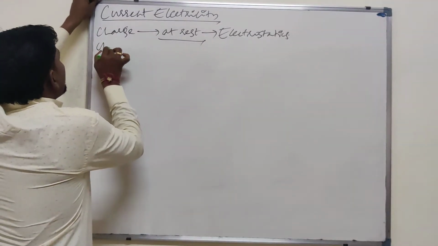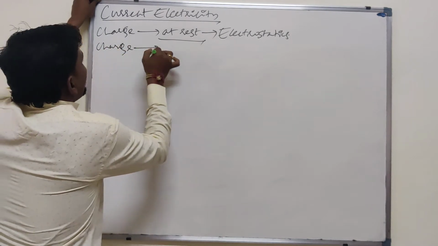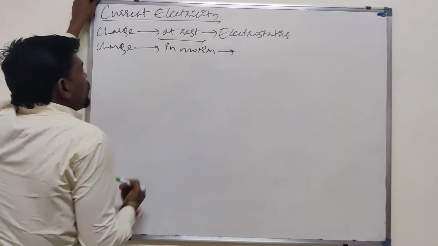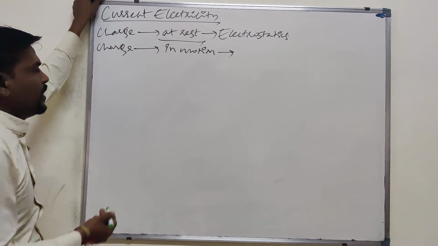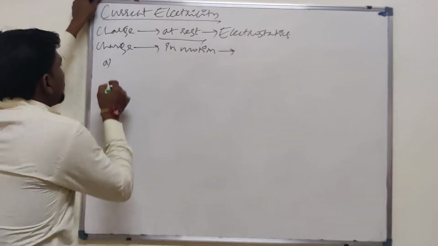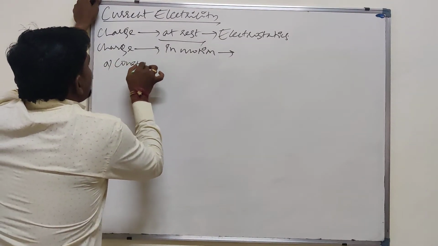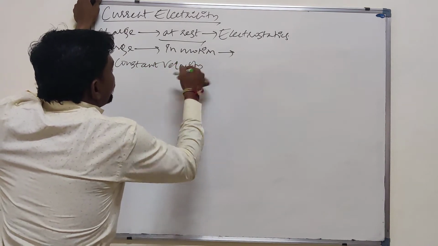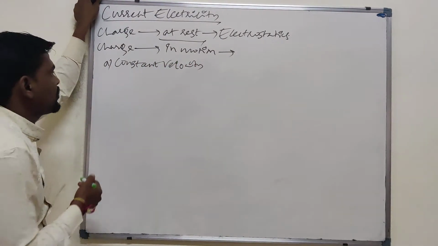So once again, charge is in motion. If the charge is in motion, the charge has constant velocity.